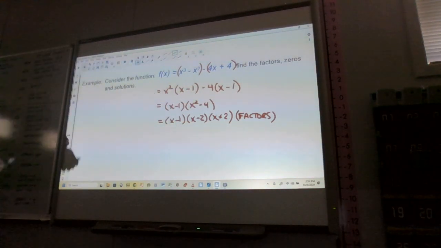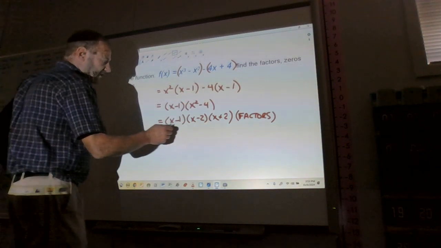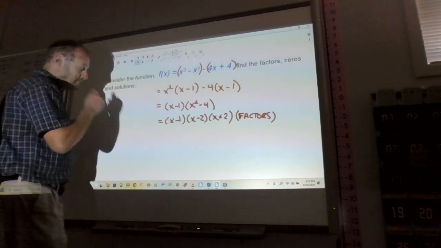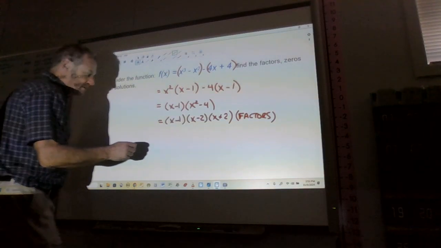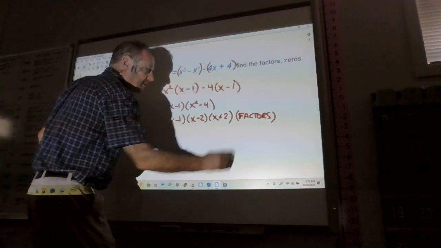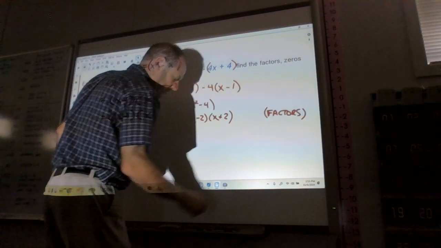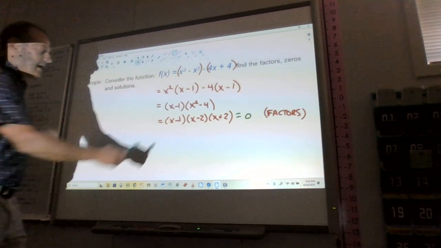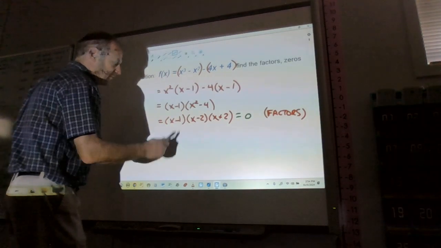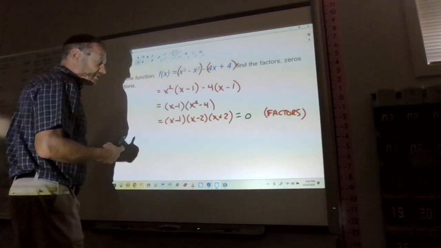Okay, now the zeros. What's going to make these zeros? Because remember, the zeros are when, here, let's take this, move it over here. The zeros are when this equation equals 0, right? So I've got a times b times c equals 0. That means that either a, b, or c has to be 0.